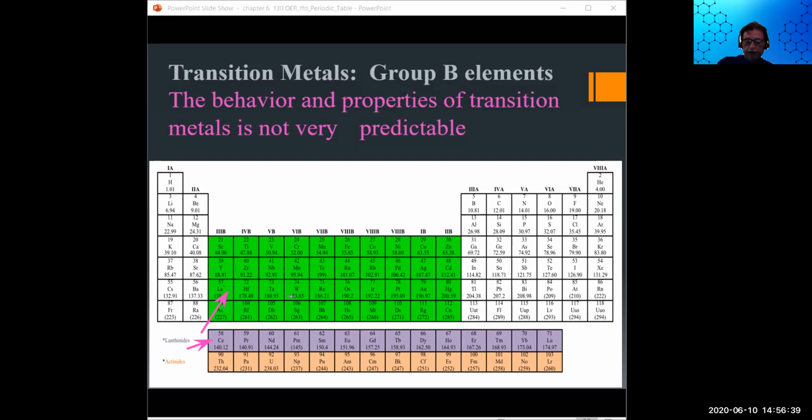What's happened is these elements, starting with 58, have their own special name. They call them the lanthanides. Starting at number 90, they're called the actinides. Normally they're in the periodic table, but that makes the table kind of spread out. So they pluck them out and compress the periodic table. So keep in mind that 58, which I denoted here by the arrow, is down here and starts the lanthanide series.